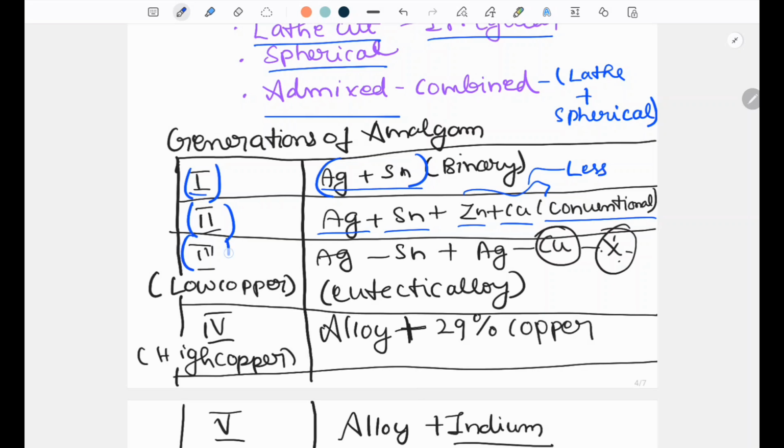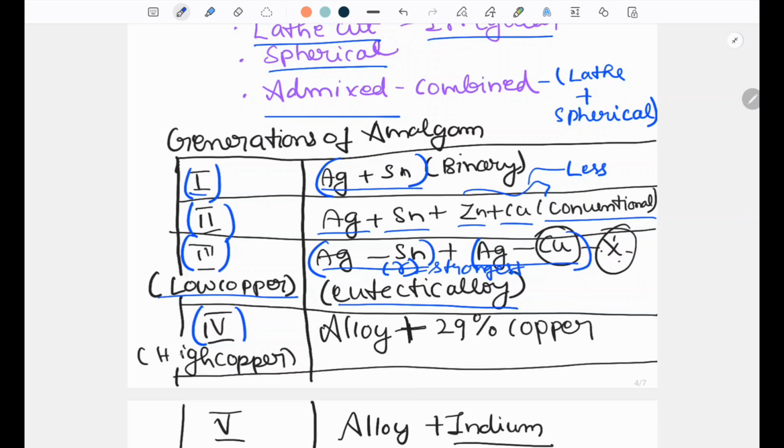In the third generation, low copper, we have silver tin, which they call eutectic, and we have silver copper. Silver tin is the gamma phase, the strongest phase. I will be explaining them separately.